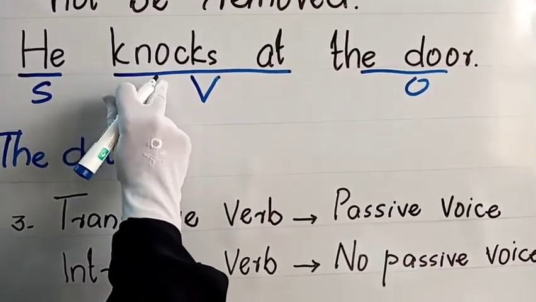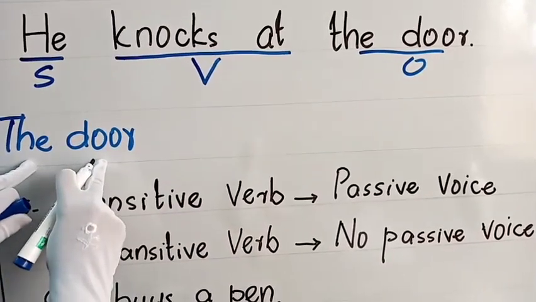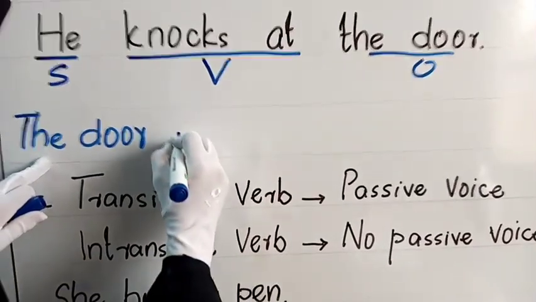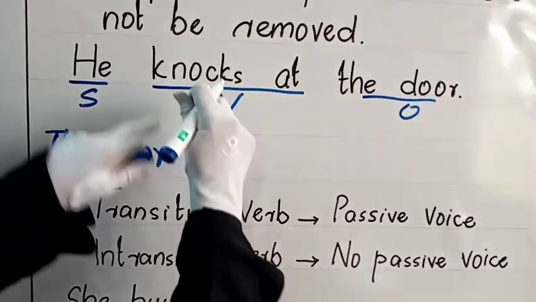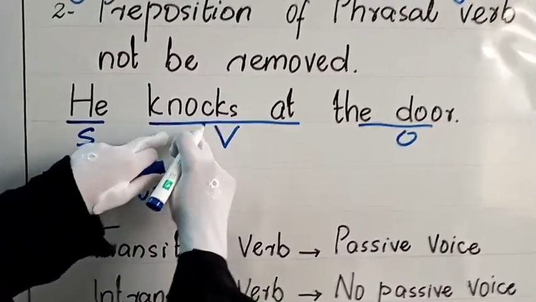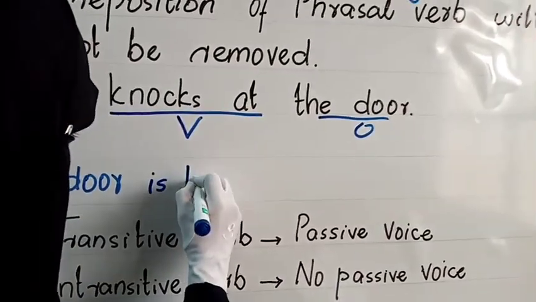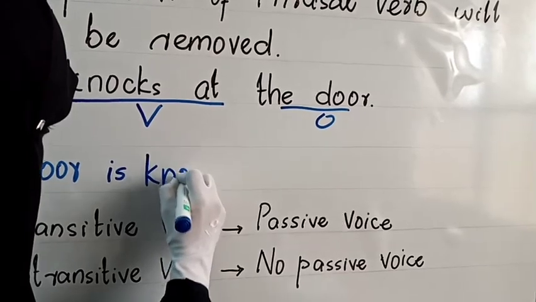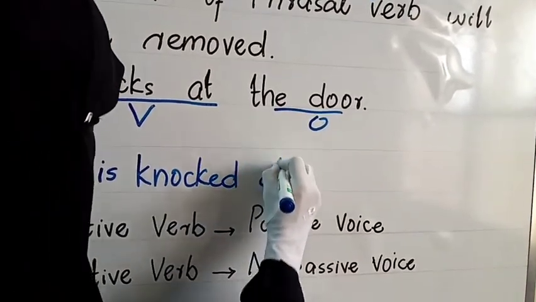The tense of the sentence is present simple tense, present indefinite tense, and the door is a singular noun. So the be verb will be, first form, is. The door is. Now the third form of this verb, knock at, will be knocked at.